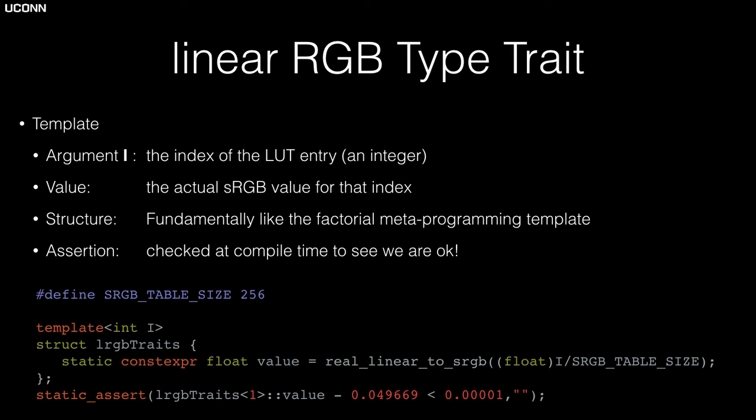It is the second entry in the table. Its value should be about 0.049669. And I'm checking this by saying that the subtraction between the two should be less than a very small epsilon. If this static assert passes, it means that the compiler successfully generated this type that has this value embedded inside that corresponds to the pre-computed color conversion for the entry 1 of the table.